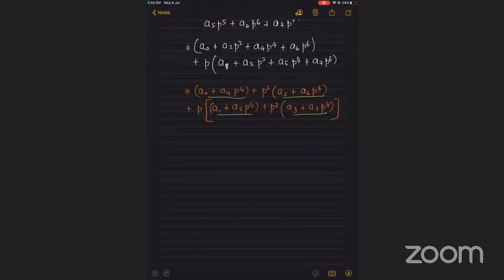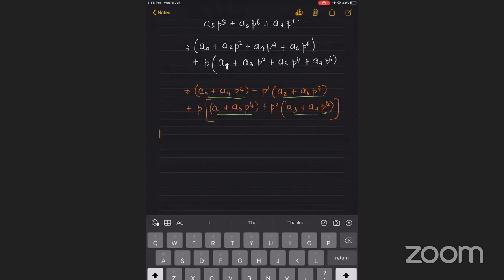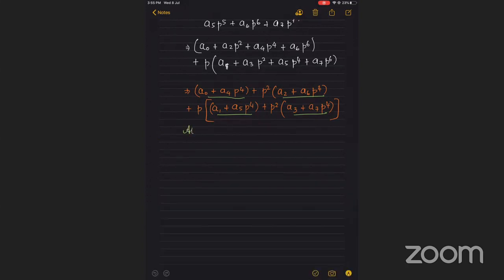So now we see that all the four underlined terms, the green lines, are even functions.